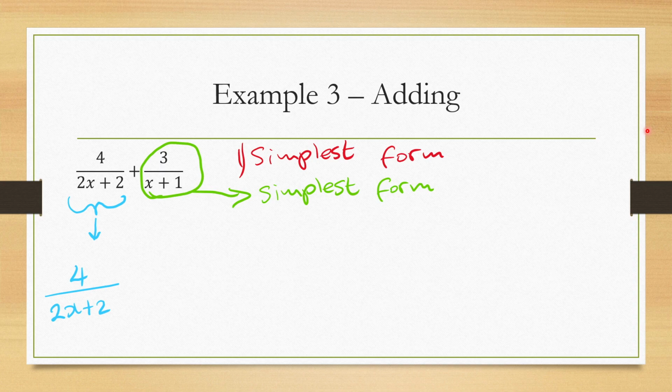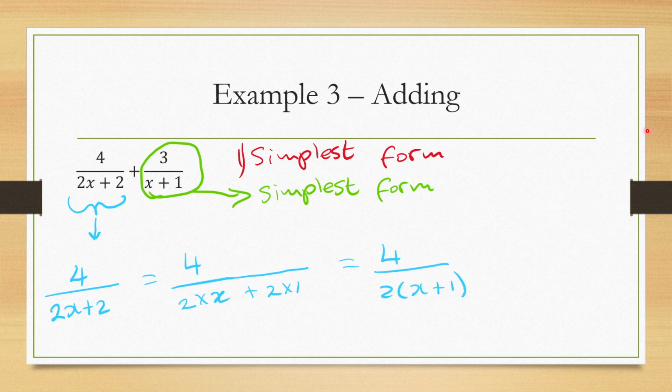As you can see in the denominator, you can take a 2 out as a common factor. We know that 2 and 4 are multiples of each other, so we can cancel it out. Divide 2 from both top and bottom. When you divide 2 from the bottom, you're left with 1. When you divide 2 on the top, you're left with 2. So the simplest fraction is 2 over x plus 1.